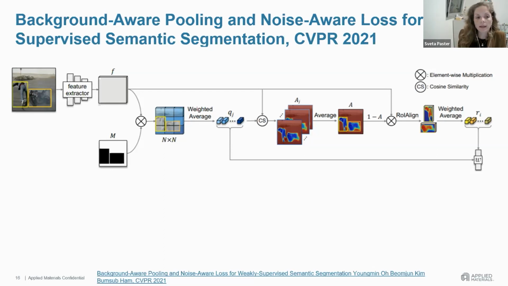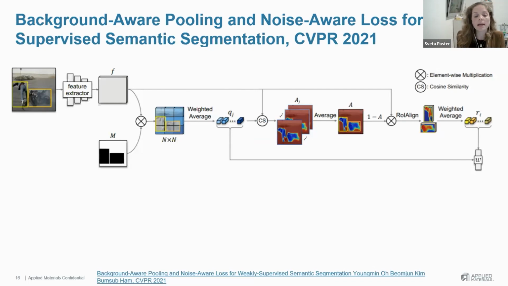The reason they do that is that they train the classification network not for L classes, the types of objects, but for L+1. The +1 is the background class. So this classification network needs to distinguish between the foreground classes and the background class.